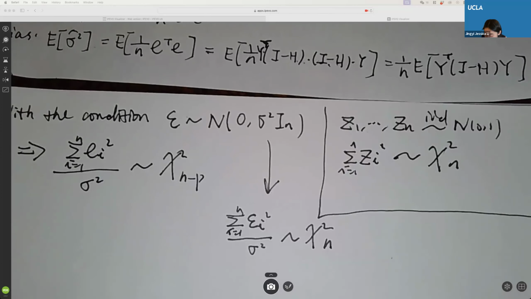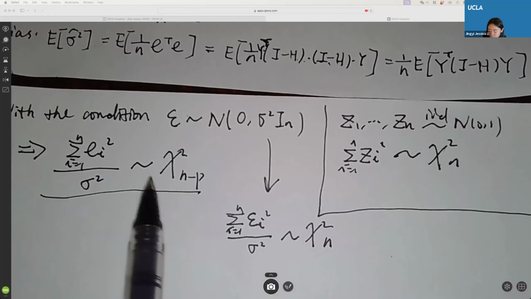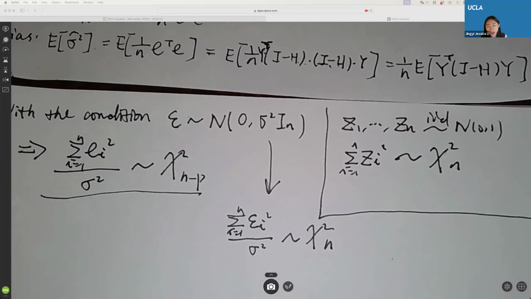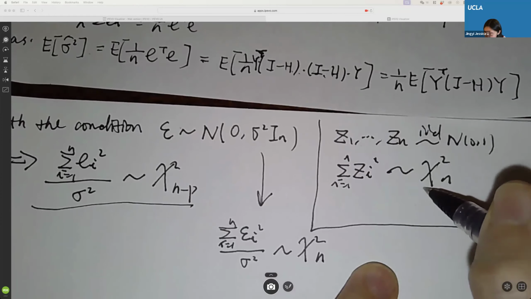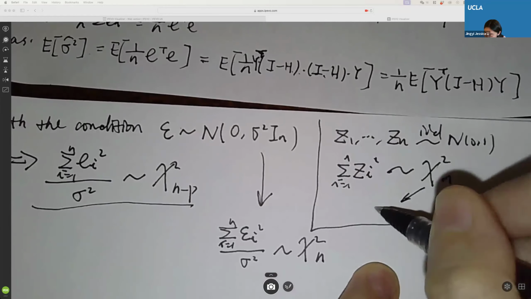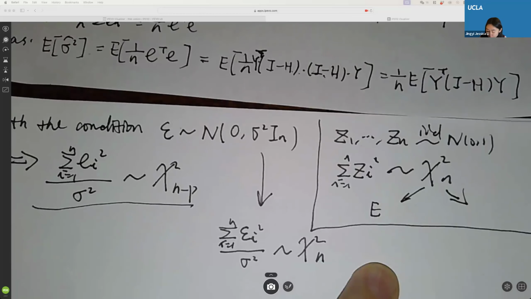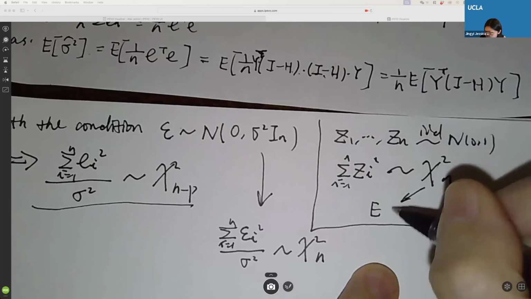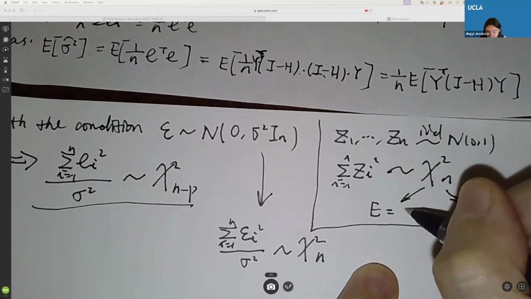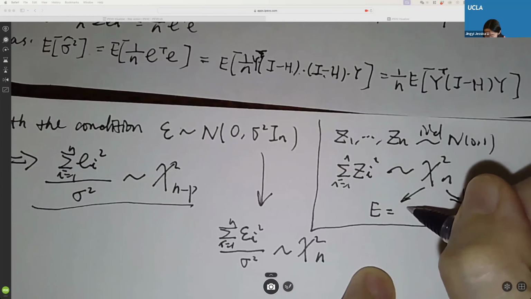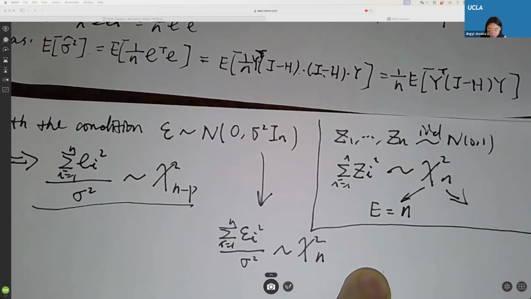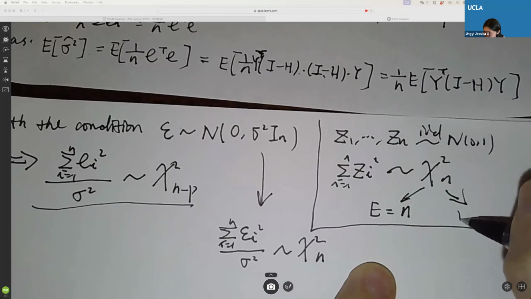Okay, assuming that we know this knowledge, starting from here, chi-square has a very good property. If you know those standard distributions' properties, you can save time. The expectation of a chi-square random variable with n degrees of freedom is just n, okay? And the variance is 2n.